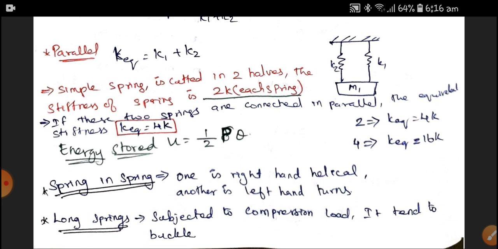That is why the front fork is made up of a pipe and the back fork is not. Since in the back fork the spring length is very small, it is given as an open end. Whereas in the front fork the length is very large, and without the pipe the spring will tend to bend or buckle, and you won't feel the comfort.